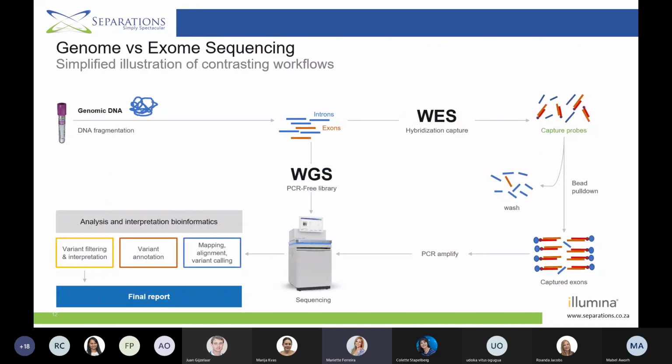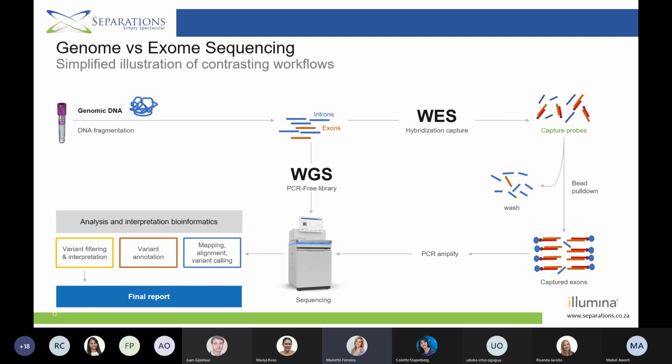So looking at the workflows when we compare genome versus exome sequencing, we start off with genomic DNA, which we then put through DNA fragmentation. When we fragment, we have a pool of introns and exons, and this is where the two methods split. With whole exome sequencing, we design probes that hybridize and capture your exons.